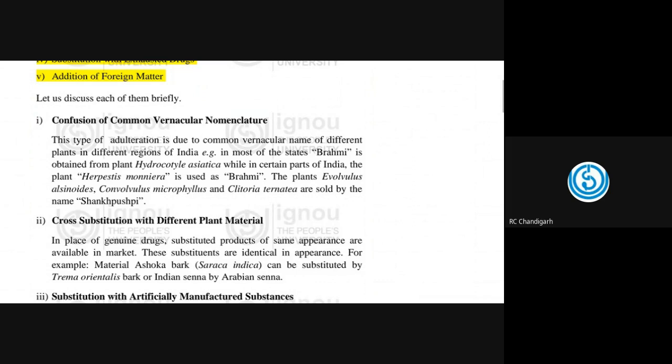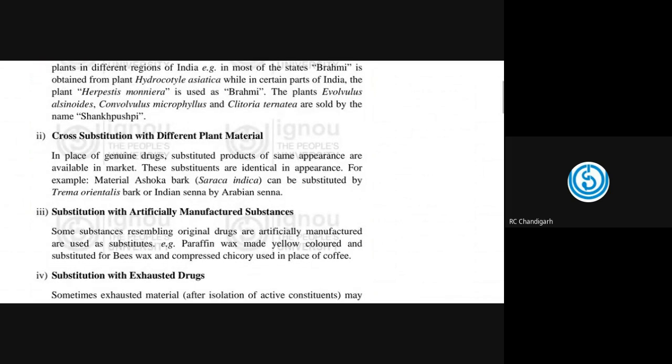So if their appearance is the same, we can by mistake or intentionally add any other drug or any other substance in the useful drug which has to be used, and this can be substituted with some other lower inferior quality substances. Then substitution with artificially manufactured substances.